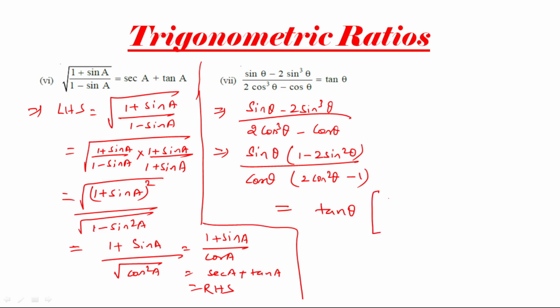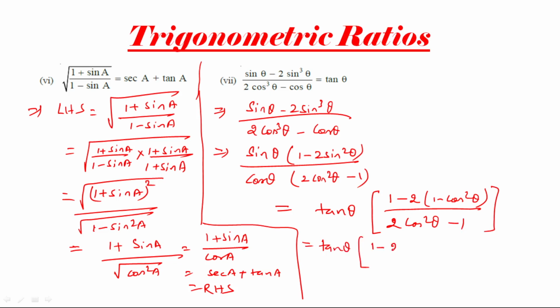So 1 minus 2 sine square theta. So 1 minus 2, in place of sine square theta I am putting 1 minus cos square theta, divided by 2 cos square theta minus 1, is equal to tan theta into (1 minus 2, and minus minus it will become plus, so 2 cos square theta) divided by (2 cos square theta minus 1).